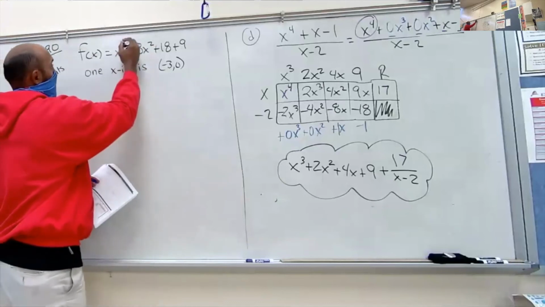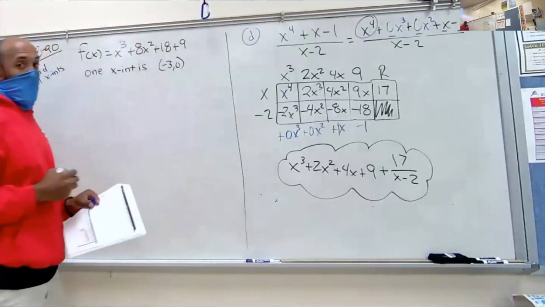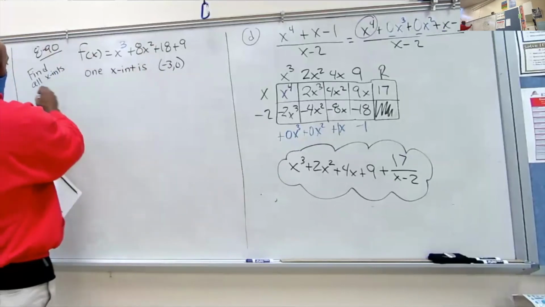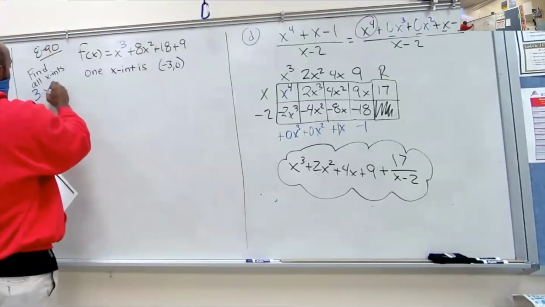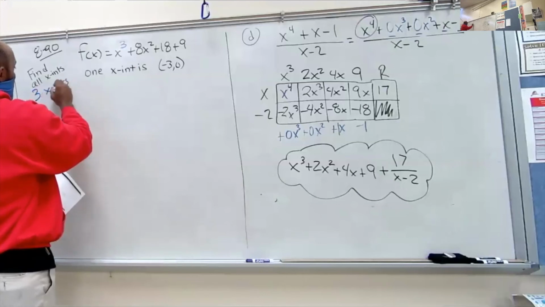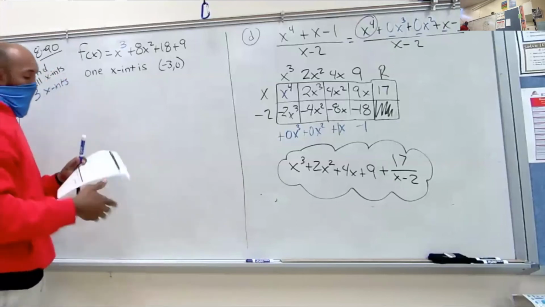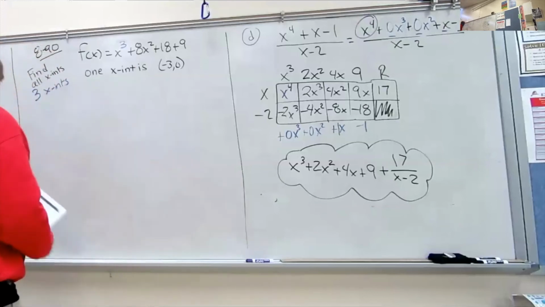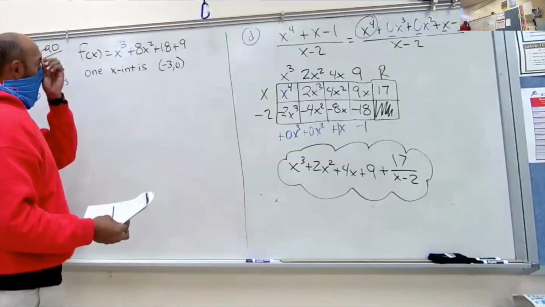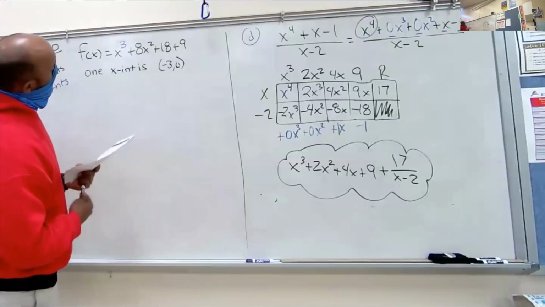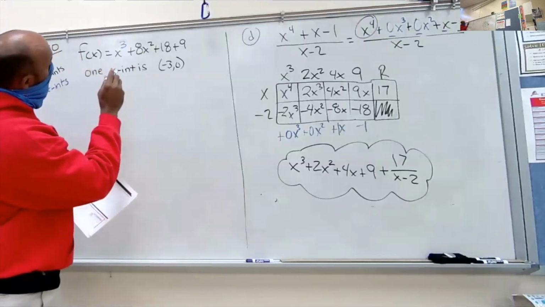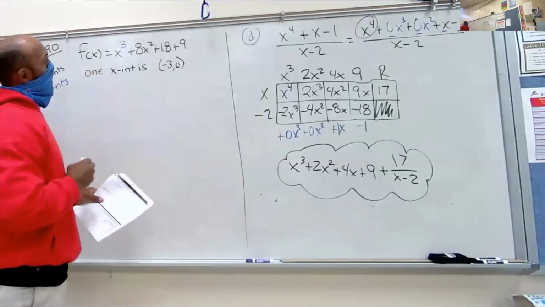That number up there tells me the degree. So that means I've got 3 x-intercepts, which means how many more do I have to find? I've got to find 2 more. All right, so here's how we're going to do this. Can't you just factor it? Let's see. Factoring by grouping wouldn't work.